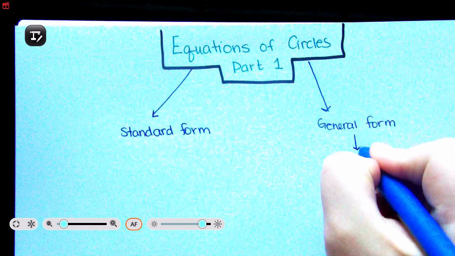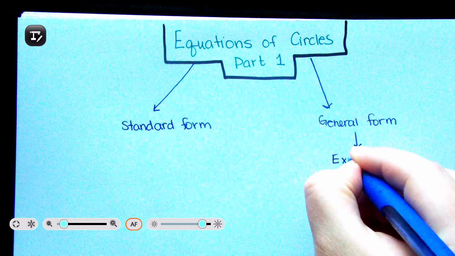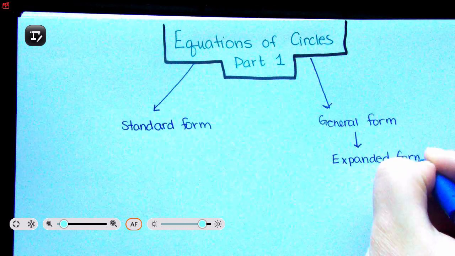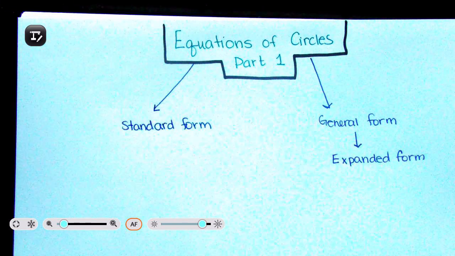General form, I'm going to be referring to it as expanded. And this expanded form comes from our standard form.